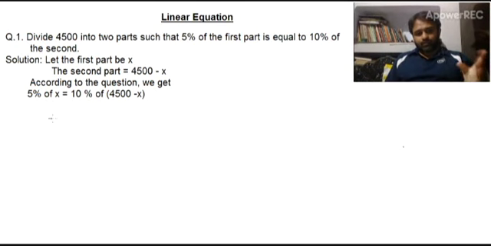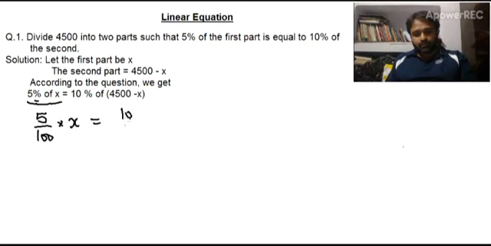Okay friends, so I'm going to solve this now. In front of you, you can see I will solve this first step over here. So this is going to be something like 5% of x. That means 5 upon 100. If you want to remove the percentage sign, you have to write it like 100, and then of means multiply, x is equal to 10% of.